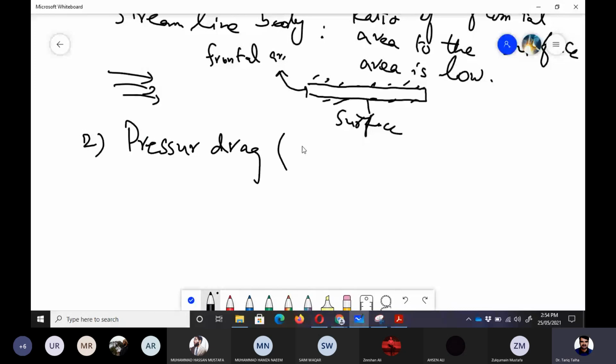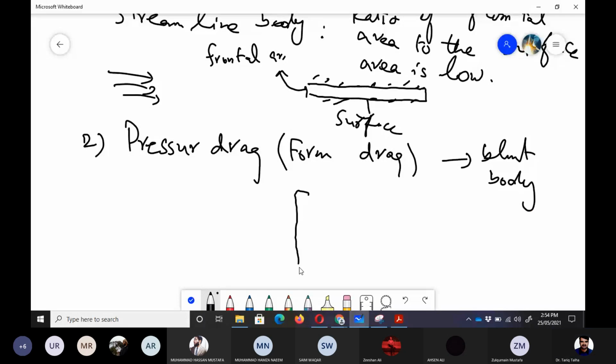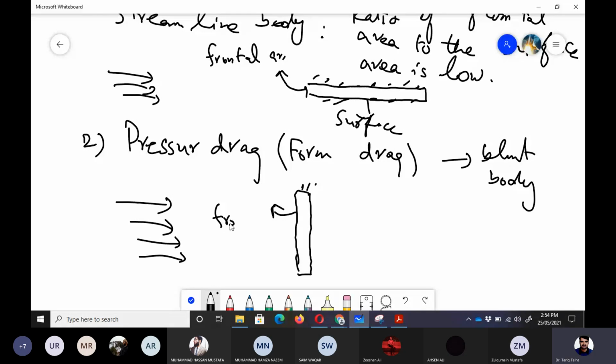We also call it form drag. This component of drag is usually where we have a blunt body. Blunt body means that the frontal area is more. If the flow is coming from here, this is a blunt body, because the frontal area is more, perpendicular to the flow, and parallel to the flow is the surface area.